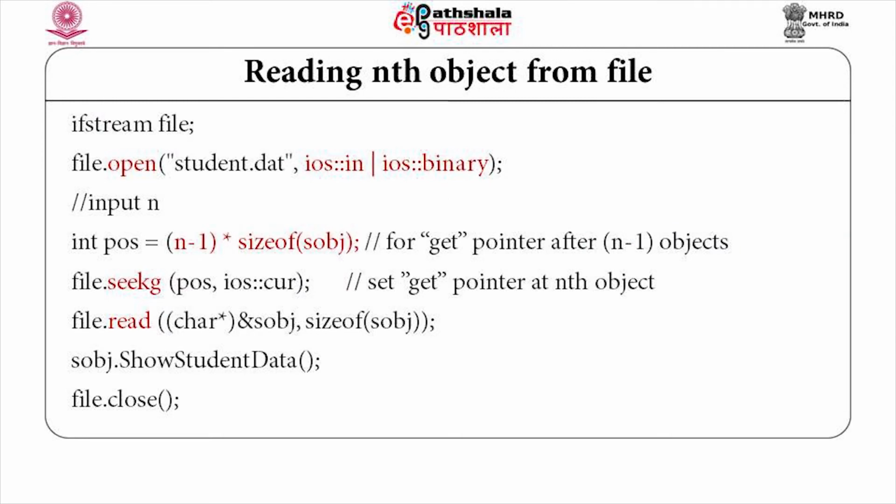Then we use seekg for setting the get pointer from where we want to read. So, we are not reading sequentially from the first object, we are going directly to the 11th object in this case, and after that we can simply read and work with the file. Here it is just showing the data. So, this way we can read and write at any position.